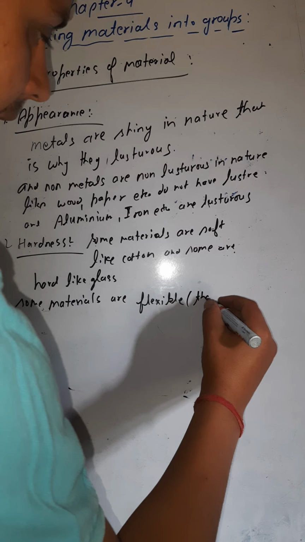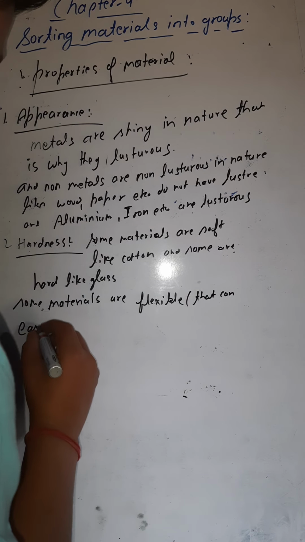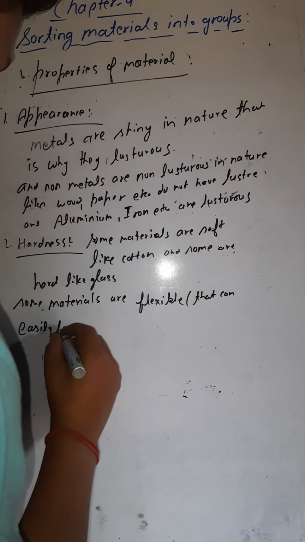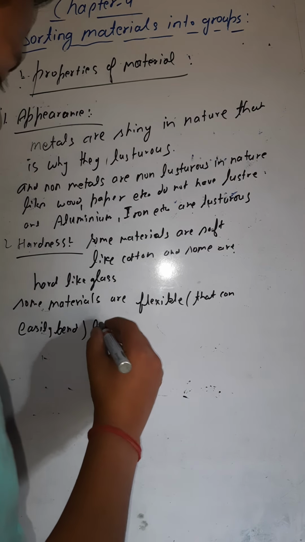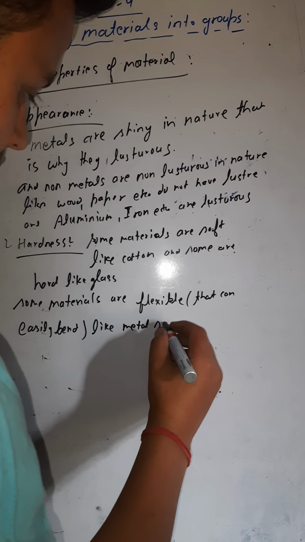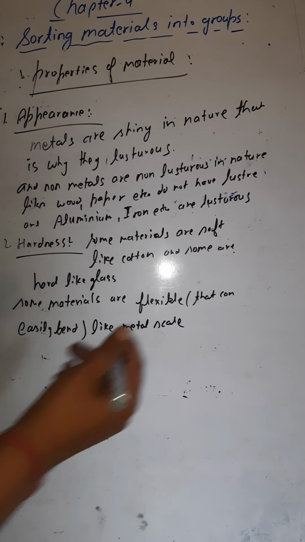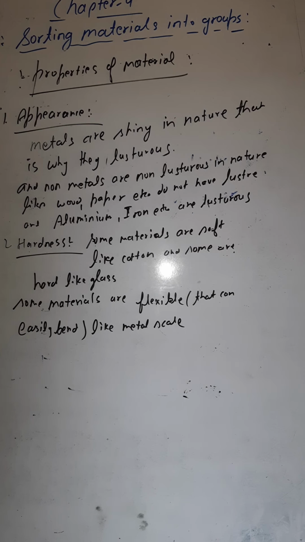So some materials are flexible, like you have a metal scale. The metal scale, you can bend it easily. And some materials are hard, or you can say rigid, or brittle.